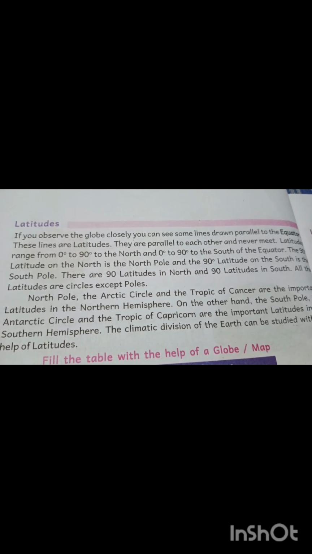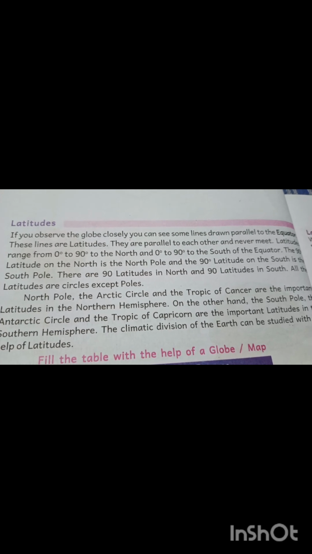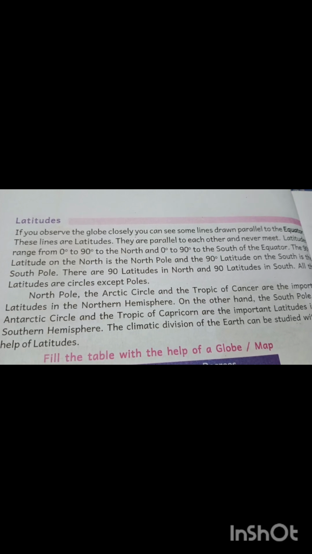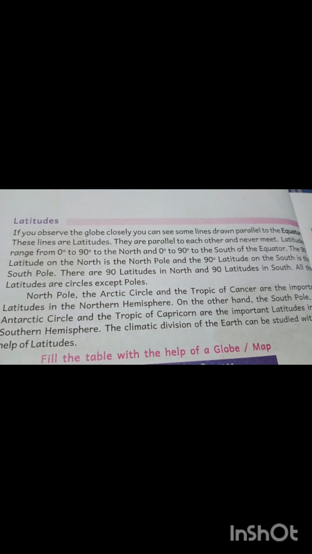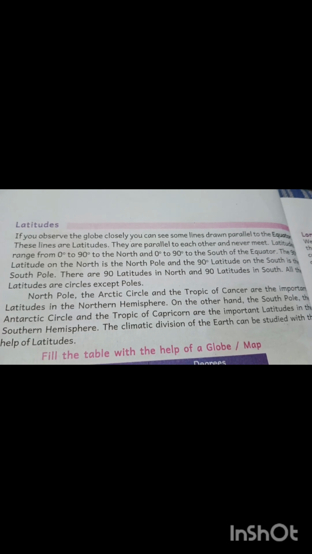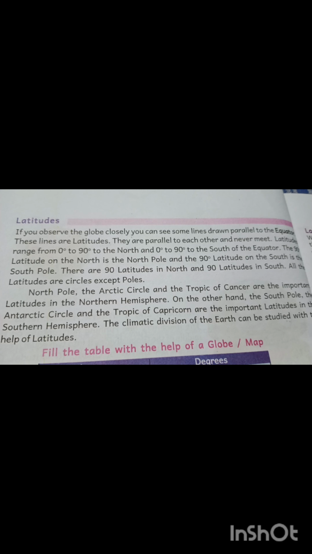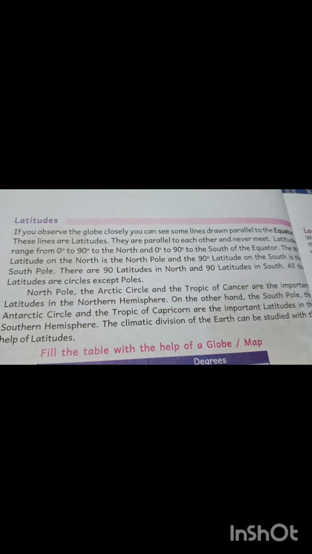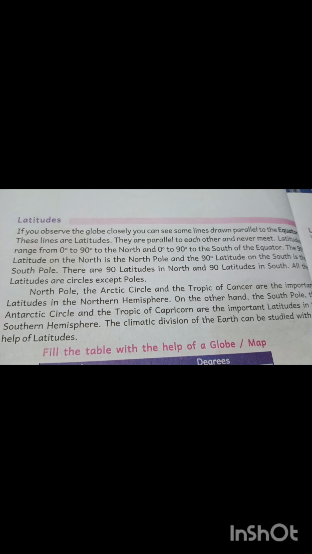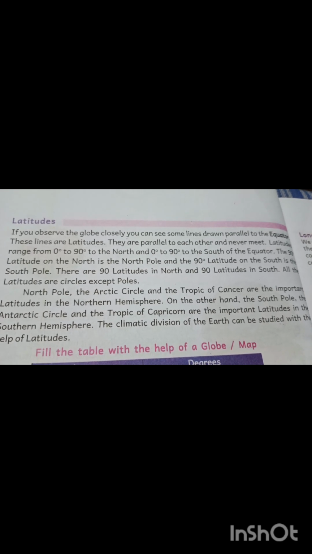There are 90 latitudes in the north and 90 latitudes in the south. All the latitudes are circles except poles. The North Pole, the Arctic Circle, and the Tropic of Cancer are the important latitudes in the northern hemisphere. On the other hand, the South Pole, the Antarctic Circle, and the Tropic of Capricorn are the important latitudes in the southern hemisphere.